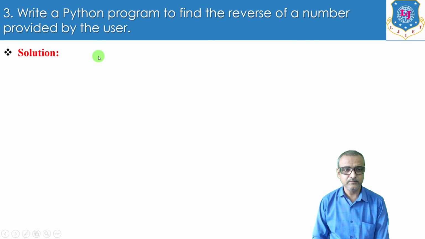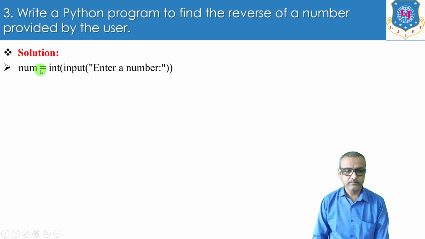Now we will see the Python code. num equals int of input of "enter a number". Here the user will enter a number. Now we are taking this variable, reverse_num equals 0.